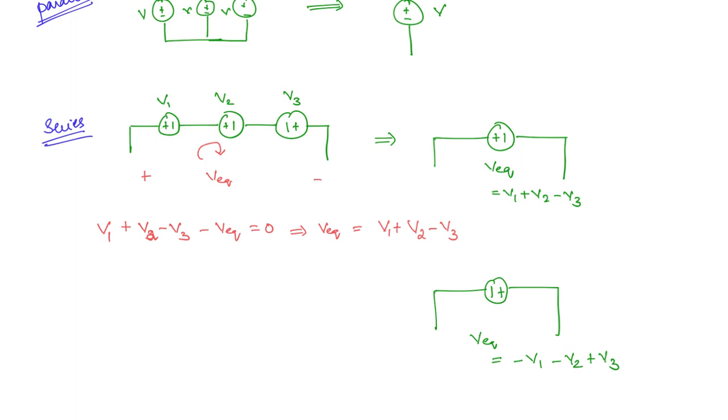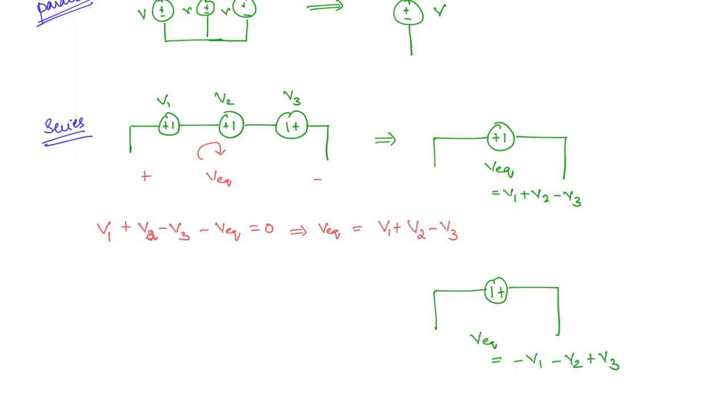Be careful of the polarity that you are using. Another simple way of remembering this: if you take a positive sign on the left-hand side, whatever has the same polarity you take as plus, V1 plus V2, and V3 has opposite polarity, so minus V3. You can simply remember it like that instead of applying KVL and writing the expression. So this is how voltage sources connected in series and parallel can be represented with an equivalent voltage source.